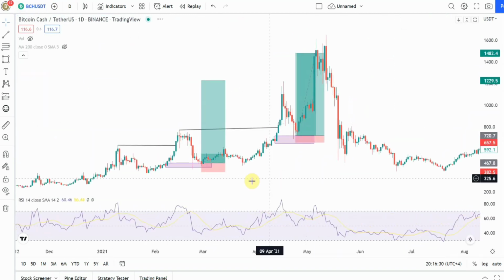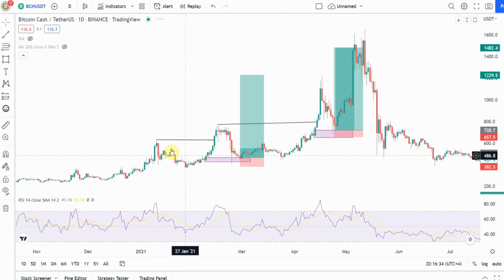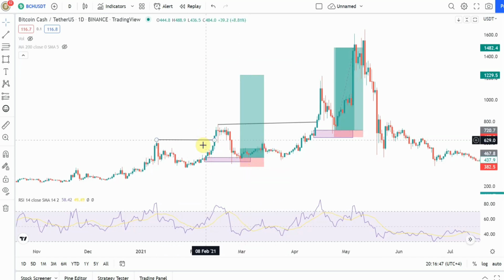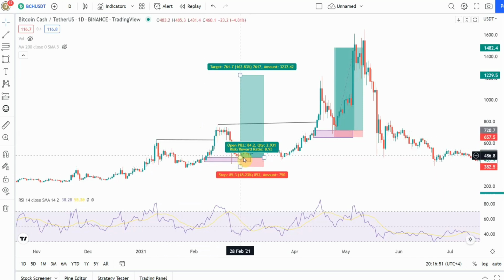Another bullish order block you can see from here. First of all, we get a break of structure. After a break of structure, we look for an order block below, because after a break of structure there must be a retest. So from that retest we wait for an order block.